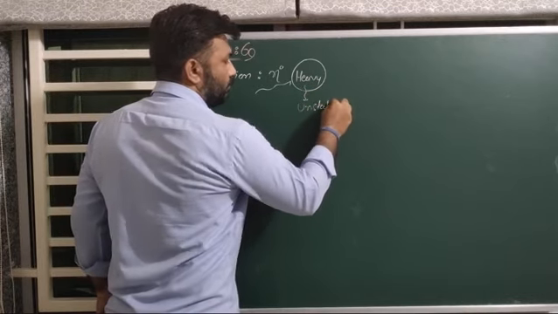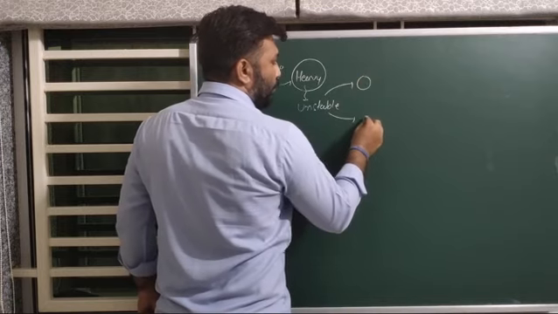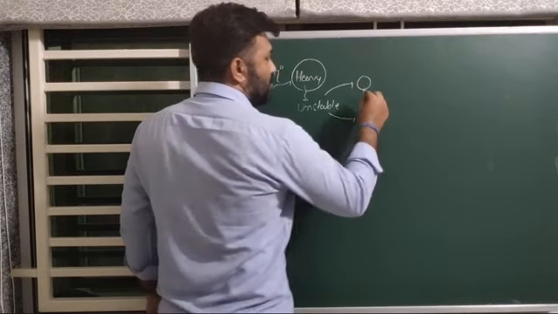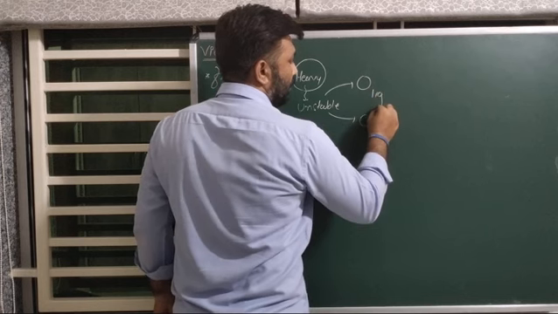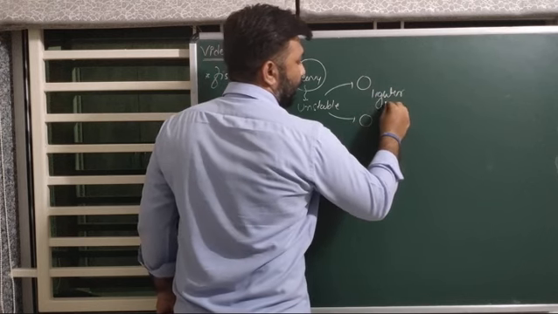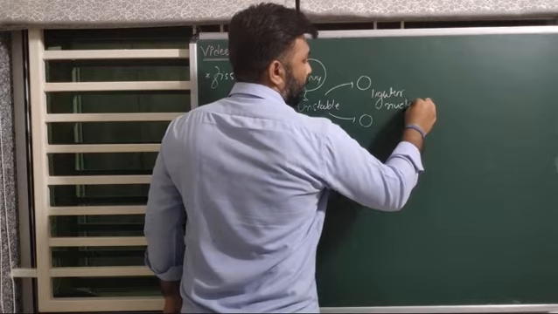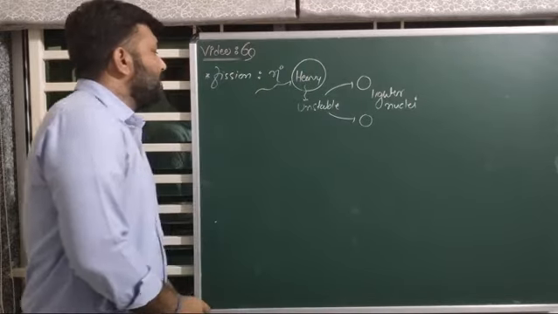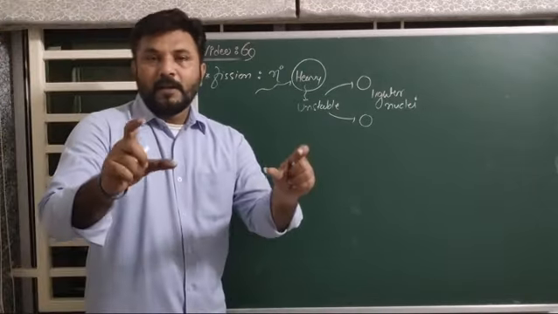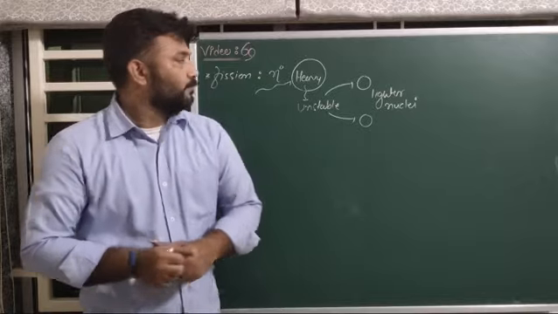After becoming unstable, it is divided into two lighter nuclei. Got it? So this is the fission reaction in the form of a figure.